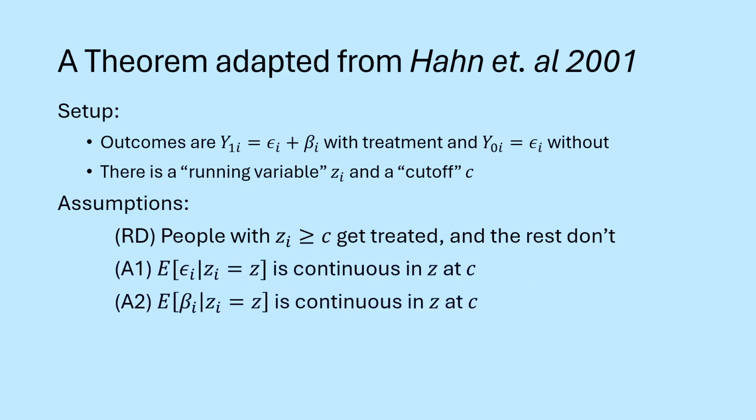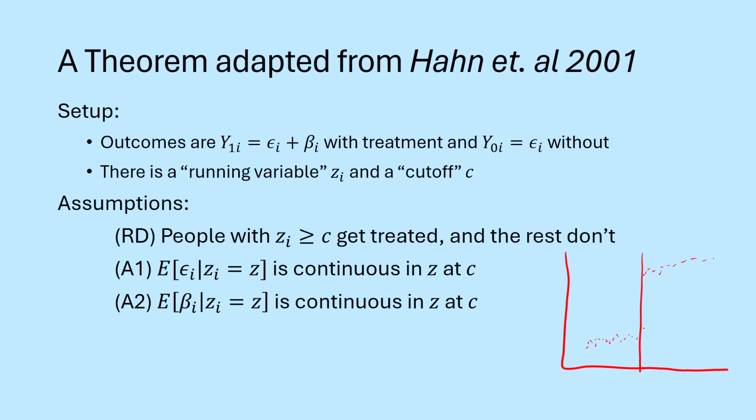Going forward, we need to make some additional assumptions to make sure that the regression discontinuity method is going to work. These two assumptions look fairly complicated, but they're not that bad. What both of these are saying is essentially that the untreated outcomes and the treated outcomes don't jump around the cutoff. And why do we need to assume that? Well, if you had the untreated outcomes over here and the treated outcomes over here, but imagine again that we're back in that world where we can see the untreated outcomes on both sides of the cutoff.